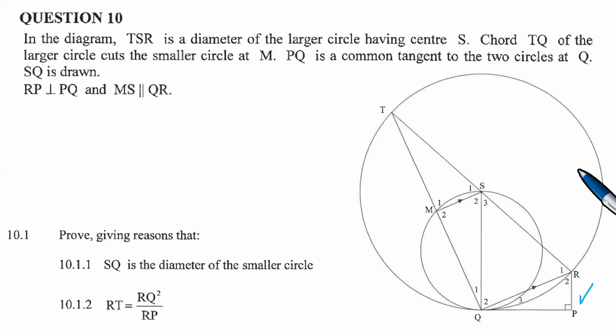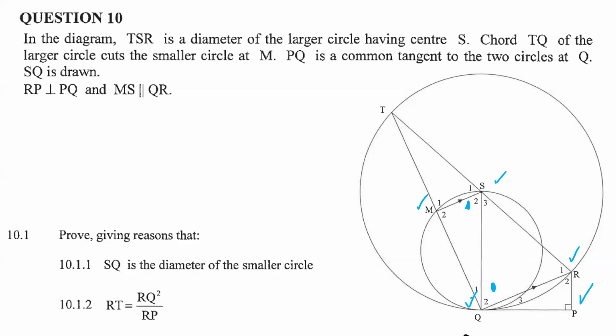MS is parallel to QR. Given. And you then know that angle S2 is equal to Q2, alternate angles.